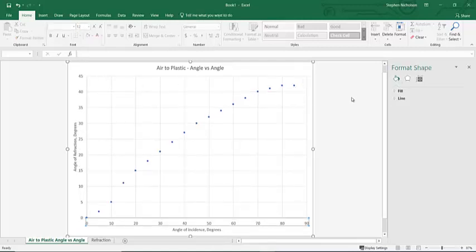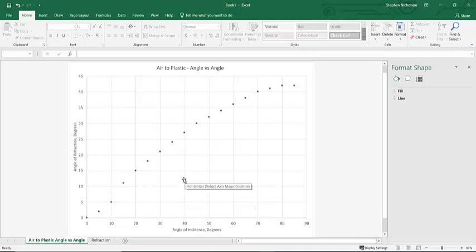Okay, so that looks pretty good. Now, I'm not going to fit a curve to this yet, but I'm going to use this chart later. We'll make a copy of this chart so I don't have to redo everything. I'll just have to redo a few things.